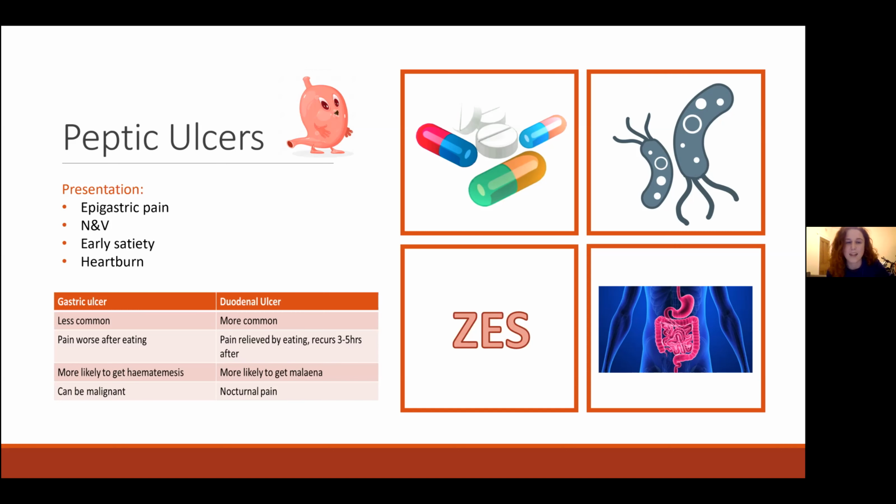It's a black tarry stool. Just because duodenal ulcers are further down the GI tract. Gastric ulcers can be malignant, whereas duodenals aren't malignant usually. And then also with duodenal ulcers, you get pain at night when they're lying down. So that's how you differentiate it in an exam question, would be those kind of symptoms. Okay, I hope that's okay.